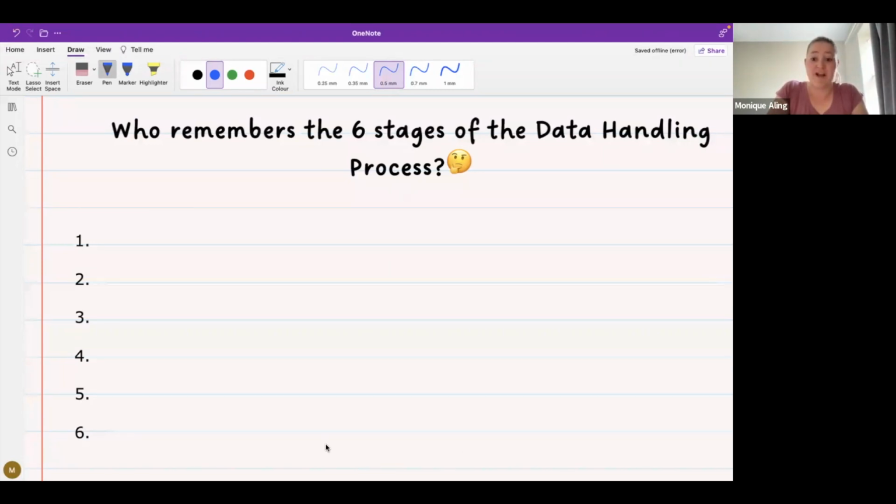Wow, we have no takers tonight. Oh, not one person. Okay. Come on, guys. It's the last lesson. Make it count. Any of the steps of the data handling process. Doesn't have to be in the order.